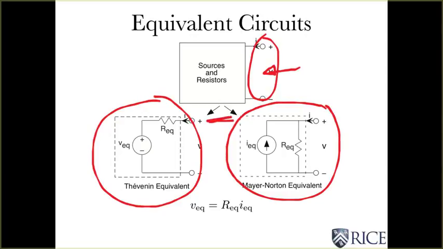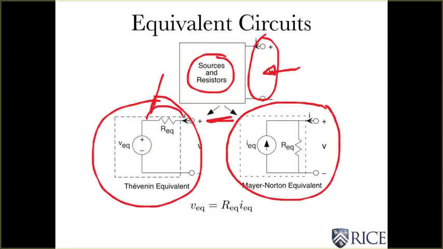So this really simplifies things. In fact, this is a profound result. This says that no matter how complicated a circuit is inside, consisting of current sources, voltage sources, and resistors, it all can be summarized as a simple voltage source in series with an equivalent resistance.